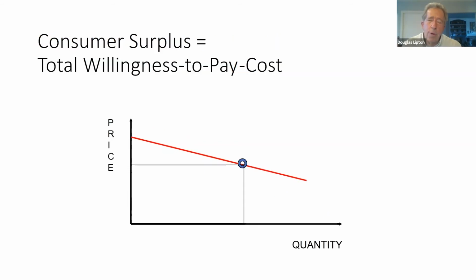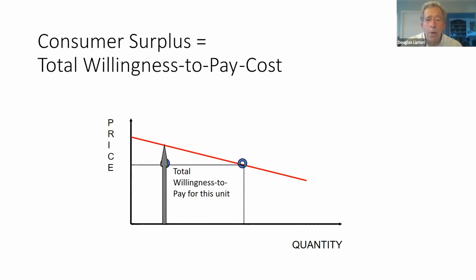We have a similar surplus concept on the consumer side. So again, we have the market price, and now we look in the interior at a lower amount. As I said, the more of the item that is being purchased, the lower the price because of the lower demand. So at the lower amount of production, your total willingness to pay, or your maximum willingness to pay, which is what the demand curve is measuring, is higher than the price that you actually have to pay for that product.